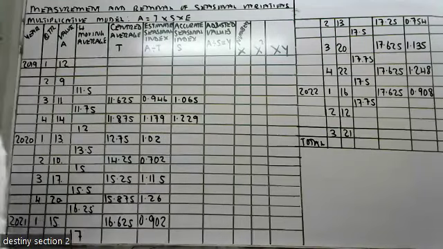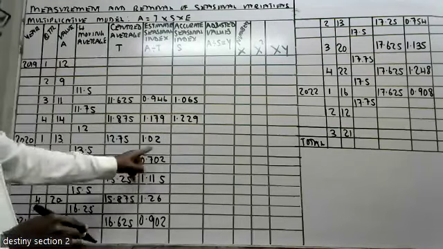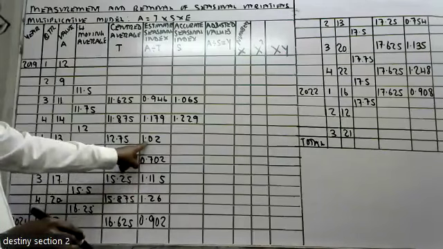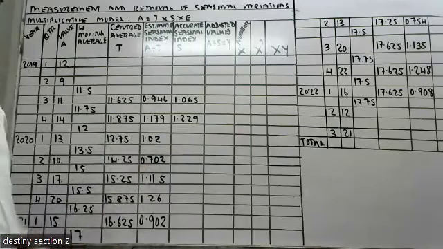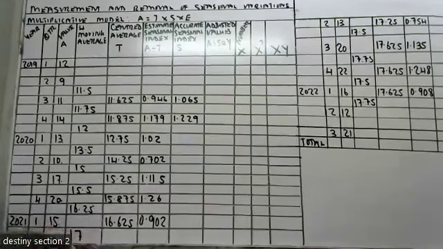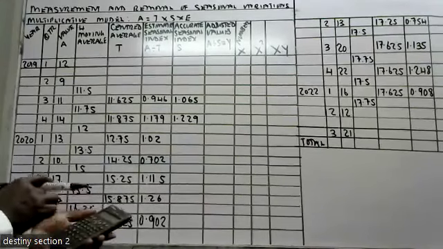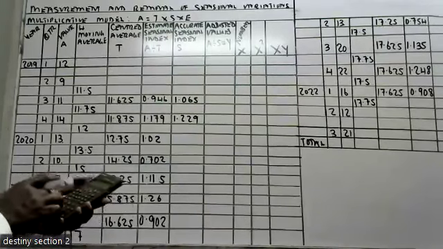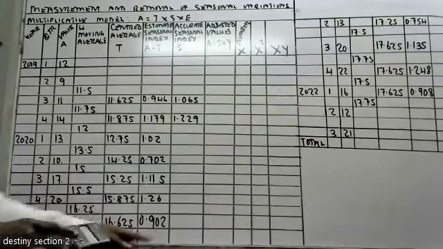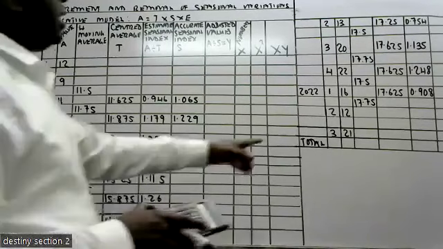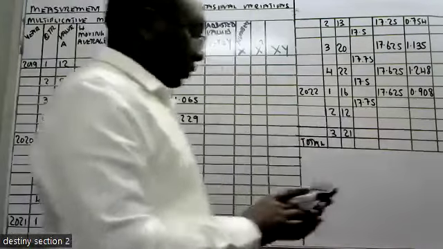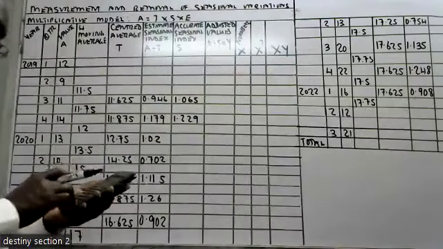The next one is here, which is in quarter 1. So all the estimates that are in quarter 1, we add them, we divide by whatever number they are. So 1.02 plus there is 0.902 plus there is this one 0.908.